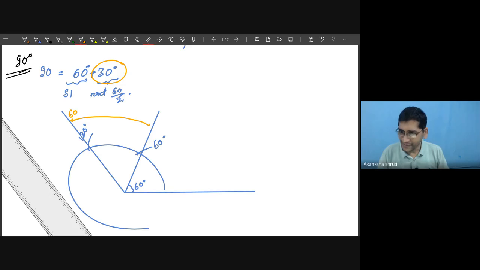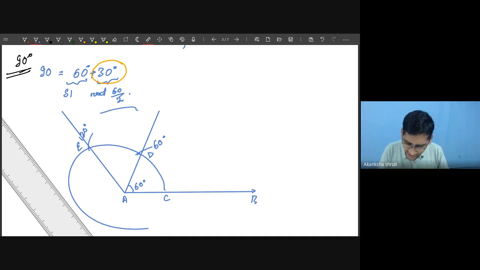You have to apply the same approach. Whatever points you have taken, consider them as A, B, this point as C, this point as D, this point as E. Now from D and E, without changing the radius of the compass, take another arc.